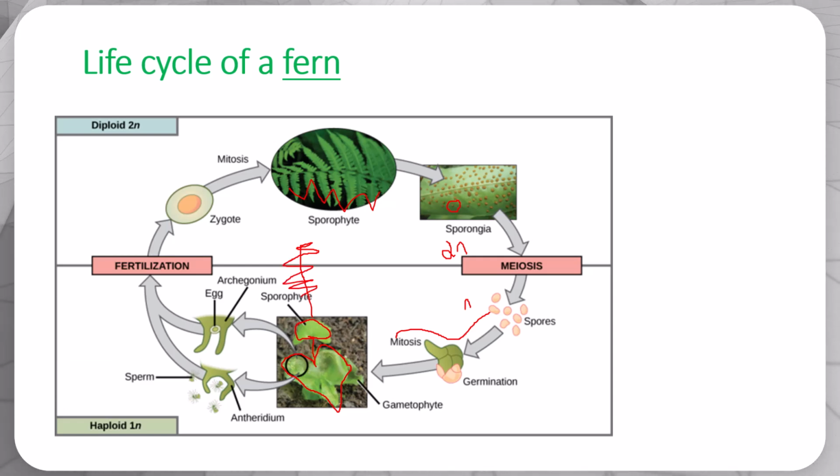So then this gametophyte generation actually produces the egg or the sperm, depending on if it's male or female. And then those sperm can swim to the egg and fertilize the egg. We get a diploid zygote, right? And that zygote grows up by mitosis and becomes the mature sporophyte generation.